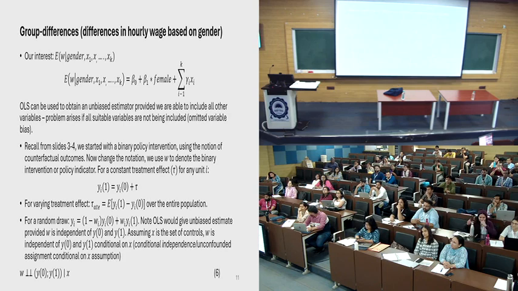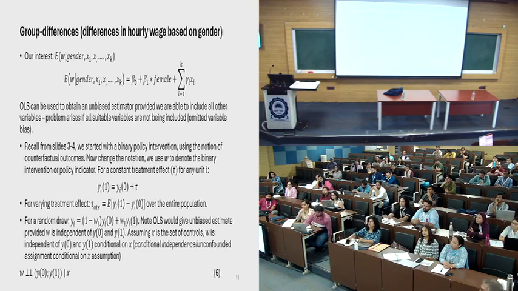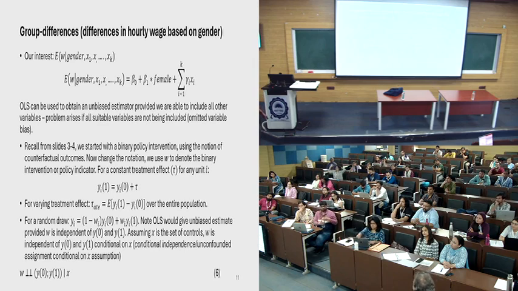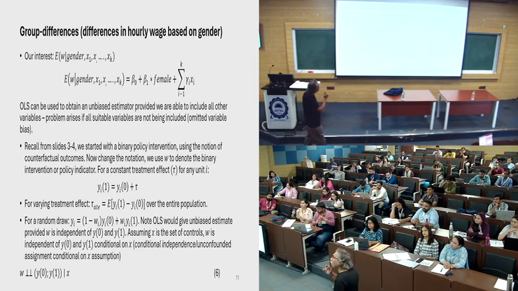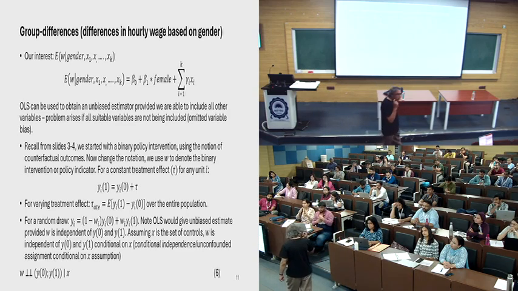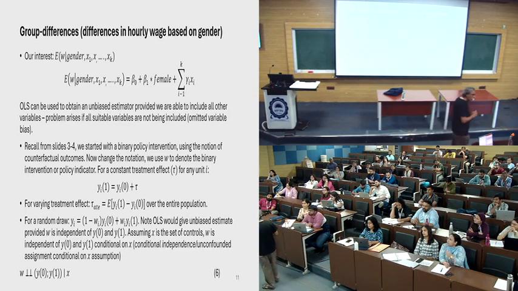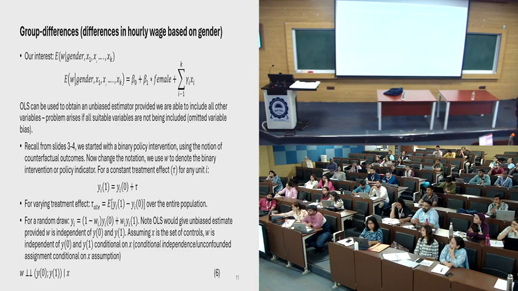Note, the way we want to proceed is in terms of gender difference in wage. So what is our interest? Our interest is whether gender discrimination exists in the labor market. How would I do it? I basically observe the wage. I have a binary for male and female, and I have several controls which determine the wage. Clear? So I can use OLS provided we are able to include all other variables.